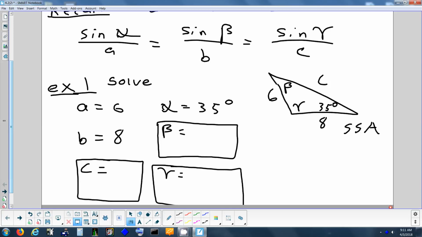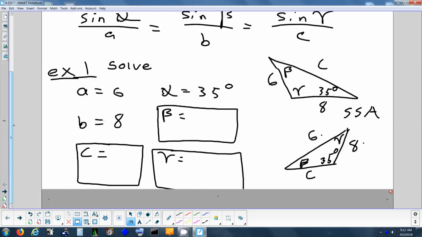You can sketch the triangle basically however you want, as long as wherever you put A, you put it across from alpha. Wherever you put B, you put it across from beta. And wherever you put C, you put it across from gamma. And that's still side-side angle. You just have to maintain that relationship, what's across from what.